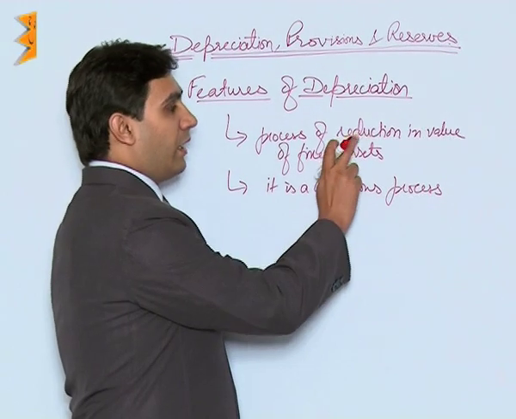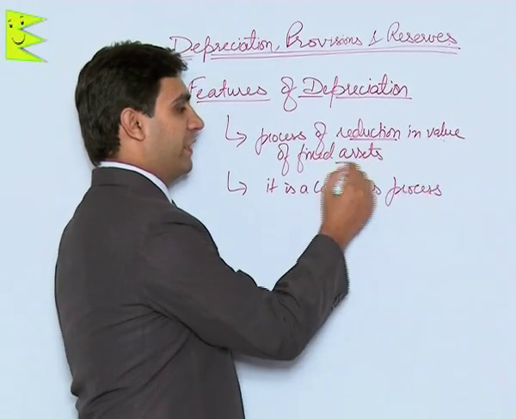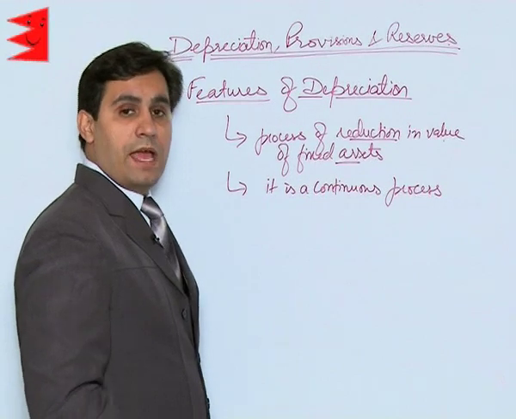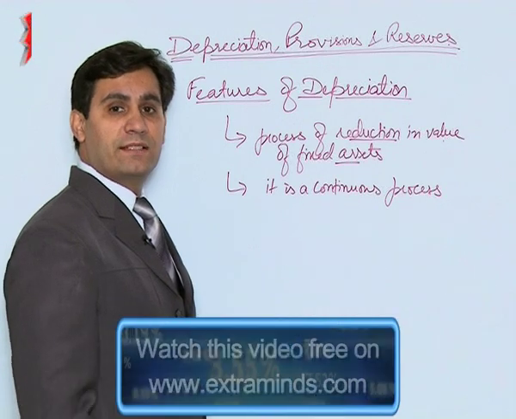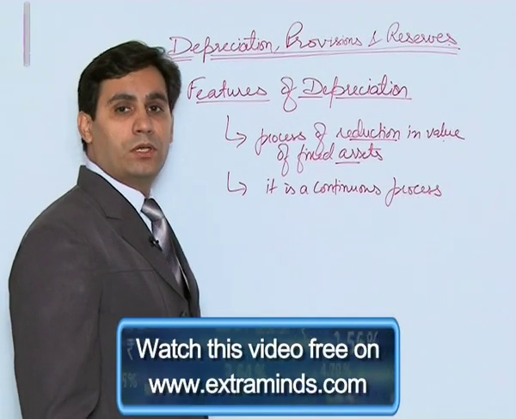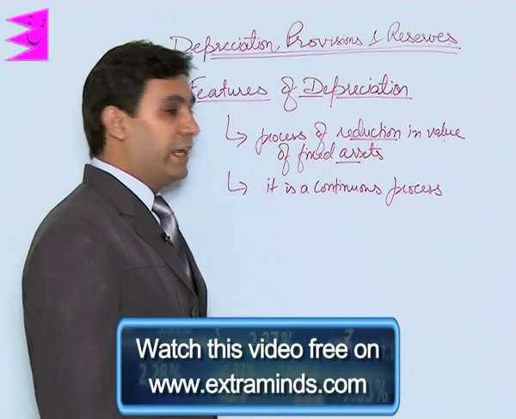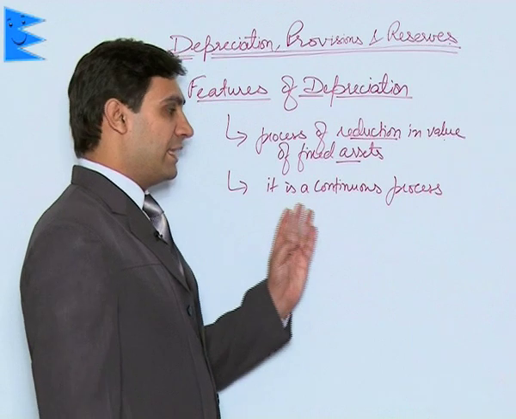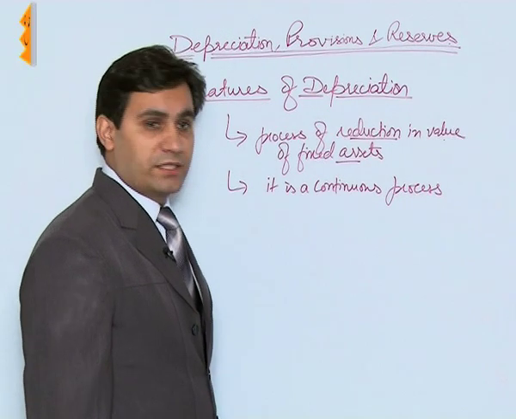So it leads to reduction in the value of fixed assets, and this process is continuous because we keep on using the assets continuously. The effect of time is always there, and technology keeps on getting out of date, and new things and new processes come into place. So we can say that it is a continuous process.